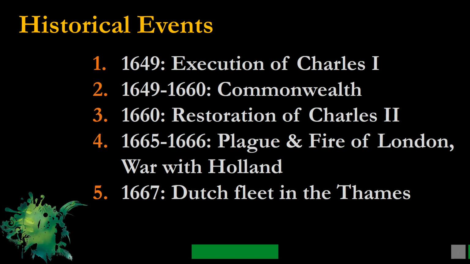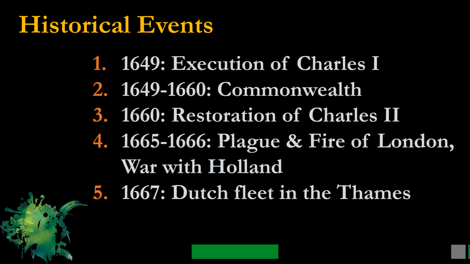In this one year, three major historical events happened. The Great Plague erupted in 1665 to 1666. Then we have the Fire of London and the War with Holland. So these three events marked this one year.